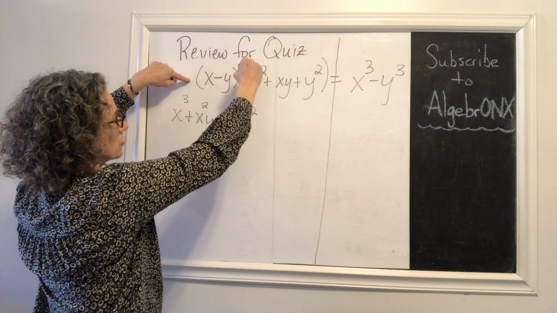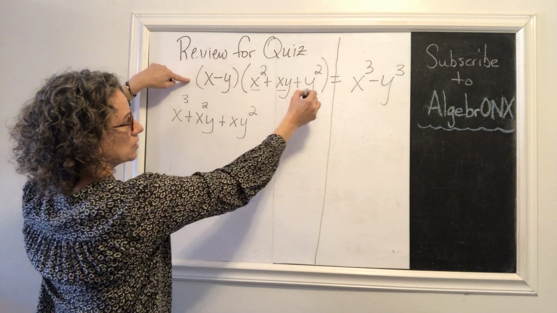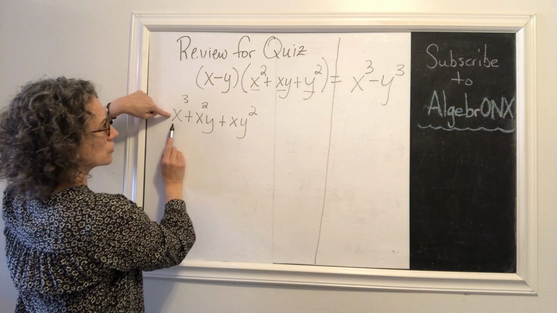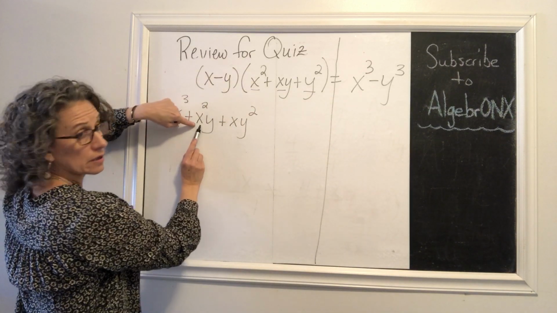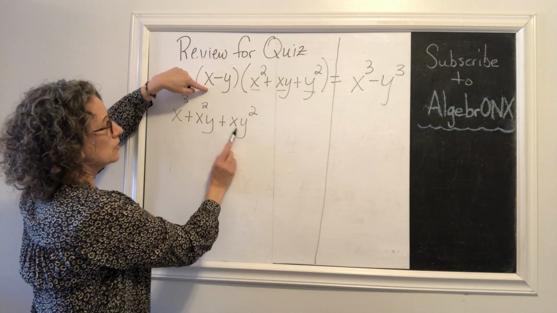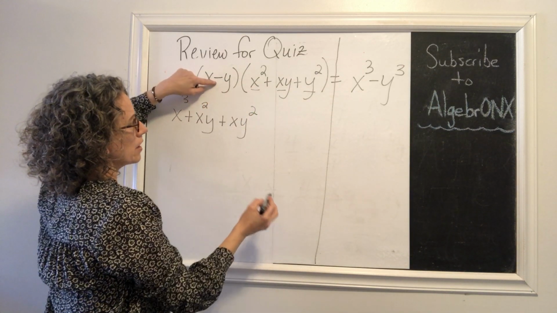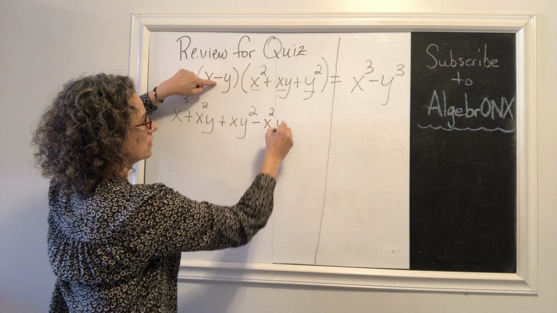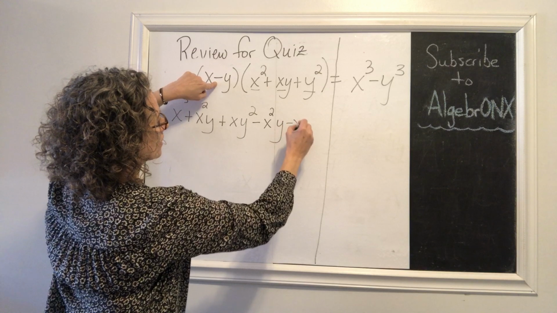Okay, so the x distributed into each of the three terms. X times x squared, x cubed, x times xy, x squared y, x times y squared, xy squared. I'm going to do the same with the negative y. So that's going to become a negative x squared y minus xy squared minus y cubed.